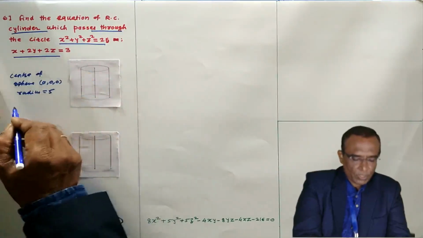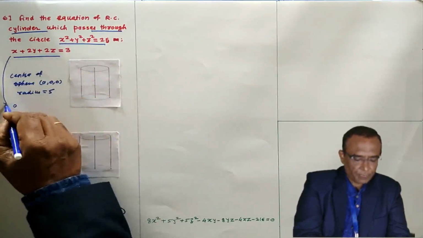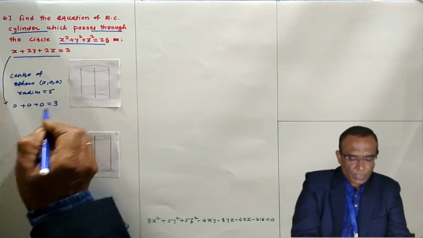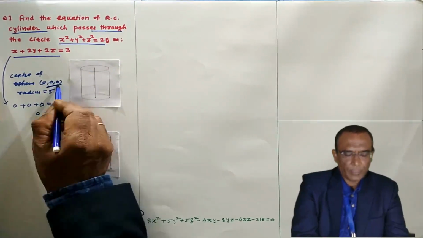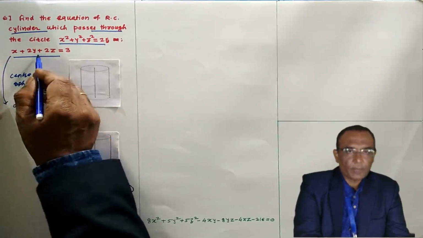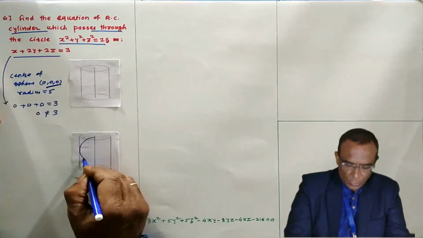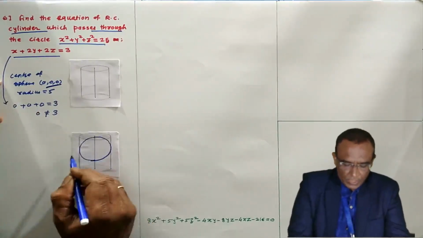If I put x equal to 0, y equal to 0 and z equal to 0, this equation is not being satisfied. Therefore, this plane is not passing through the center of the sphere. This is the sphere, the plane is this thing.